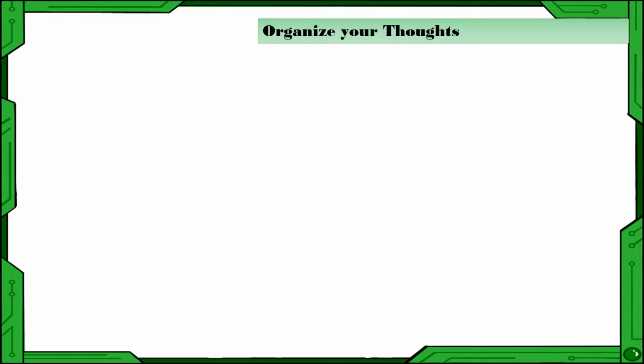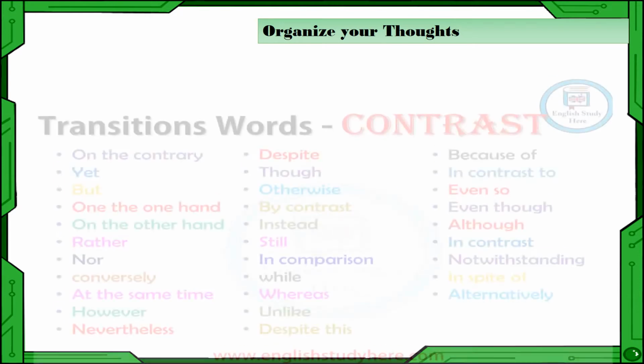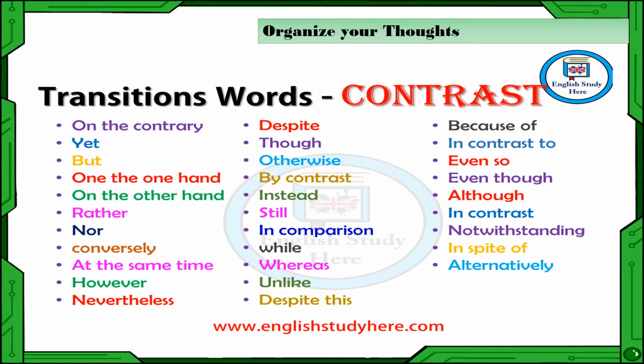Now, in organizing your thoughts, we have here words that can help you, words that automatically mean difference or dissimilarity. So we have here transition words for contrast. You can study this.